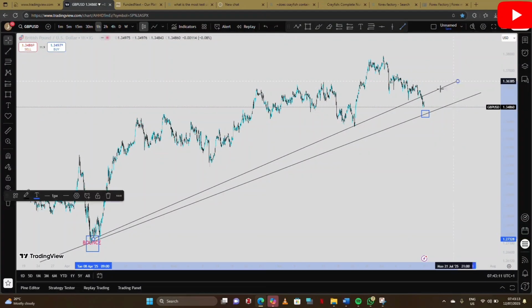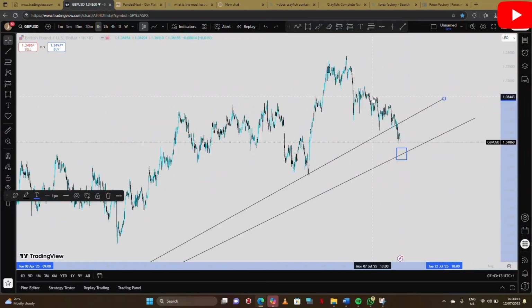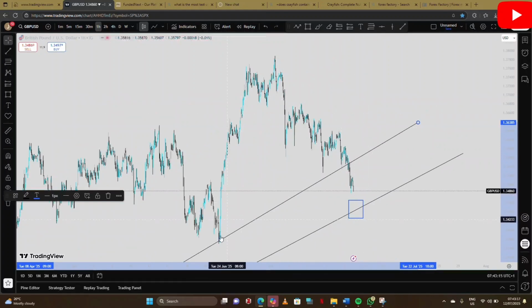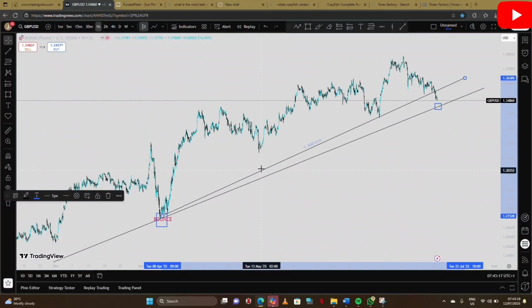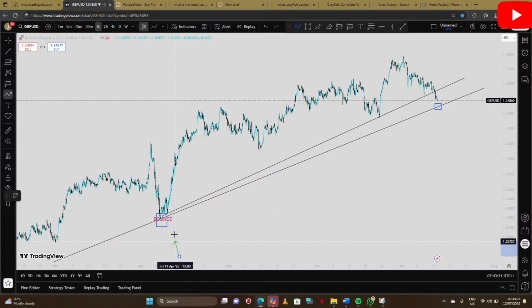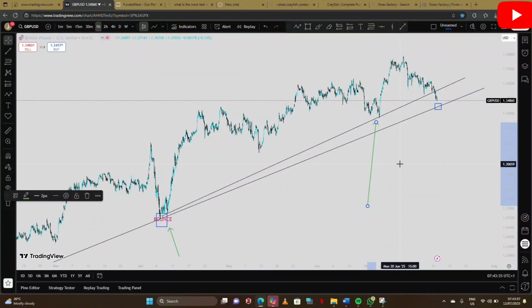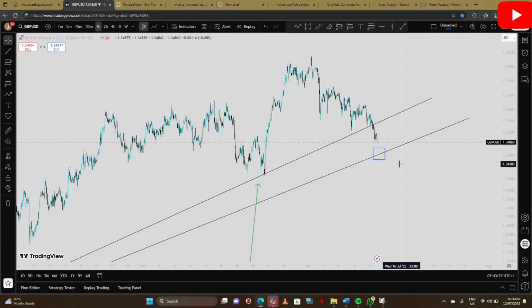With other lows. And if you look at this trend line that I just drew, the market respected it from this point. There was a bounce here from this point, another bounce here from this point, and another bounce here. So the market gave us a bounce down there and a second bounce.